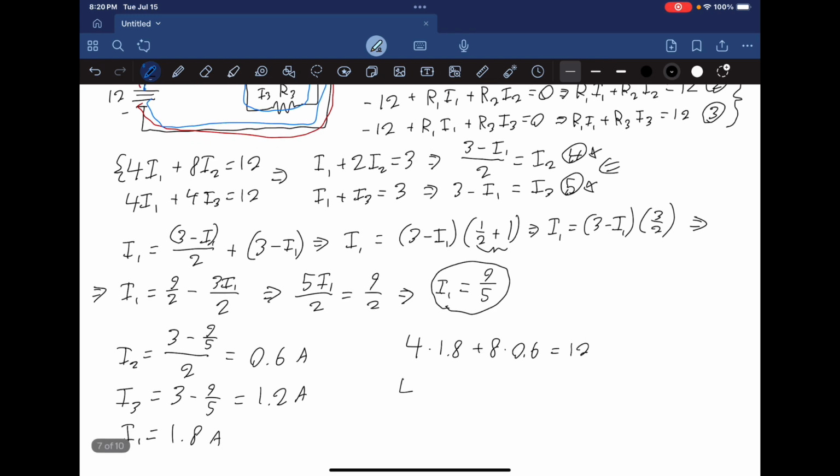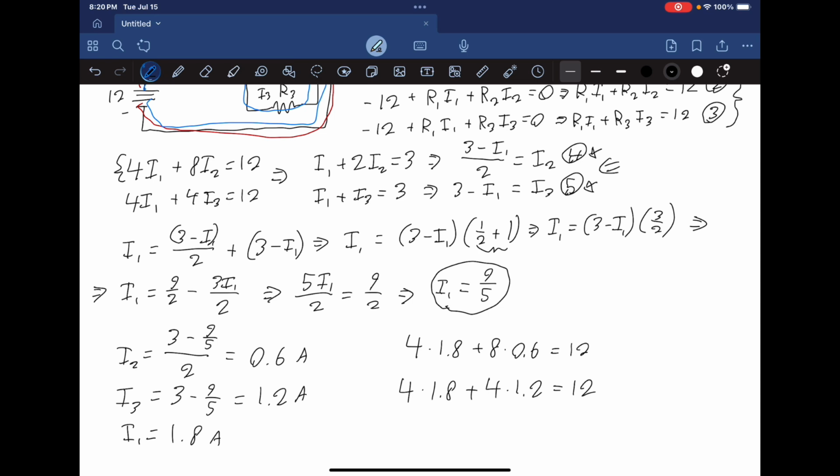So we have R1, which is 4, times I1, which is 1.8, plus R3, which is 4, times I3, which is 1.2. Plugging that in the calculator, we have 4 times 1.8 plus 4 times 1.2. You'll find if you plug it in yourself, it does equal 12.